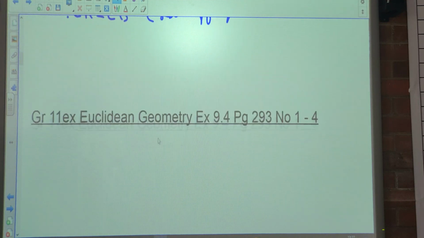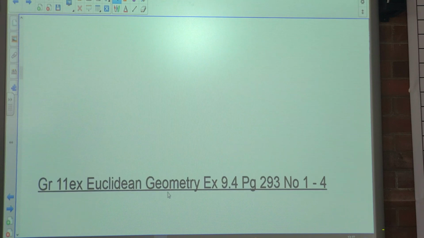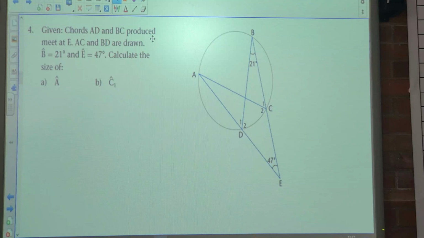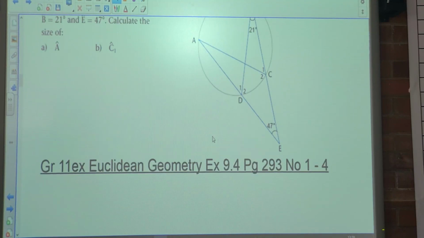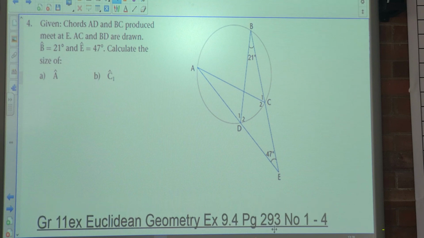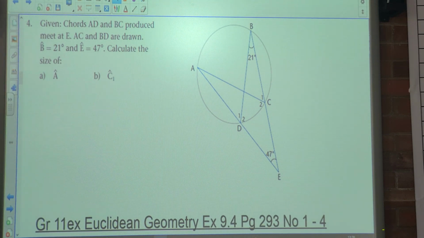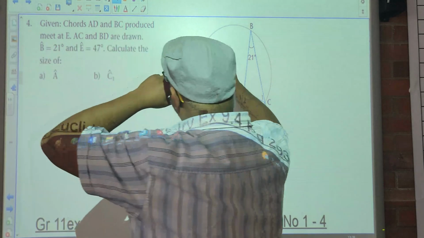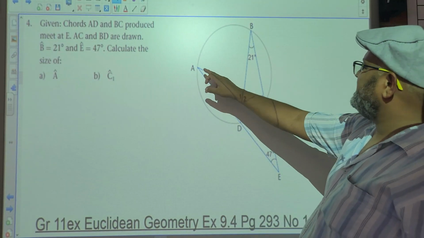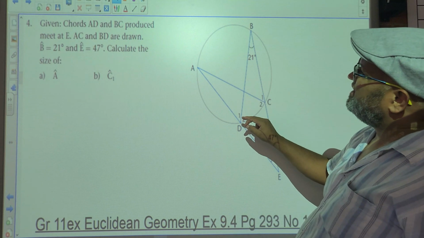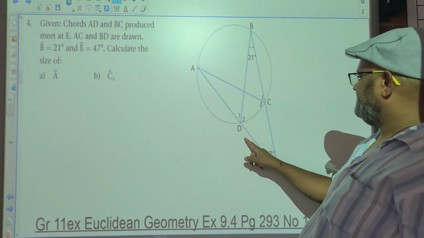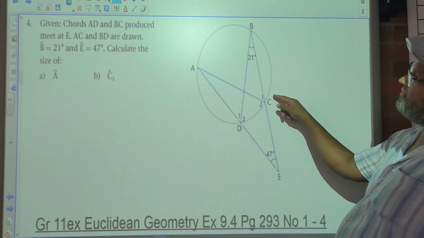Right, so let's look at number 4. Number 4, we are told that chords AD and BC are produced.